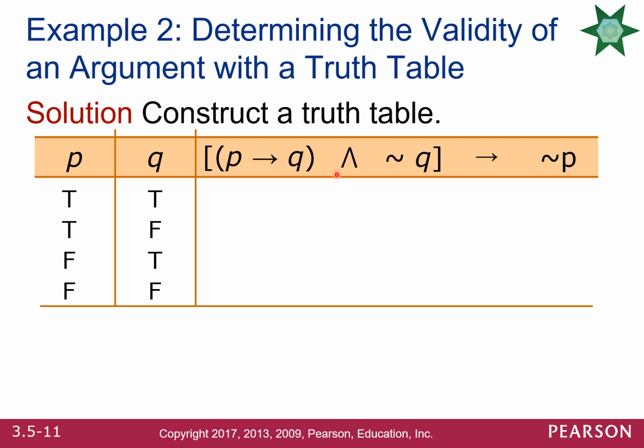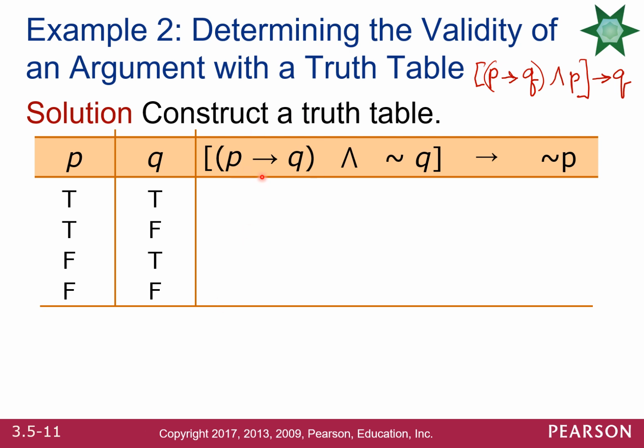If it had, then we could have just used that law, but this one doesn't fit that law, because if you recall, that law went like this. If P then Q, and P, then Q. All right, but this is kind of different.